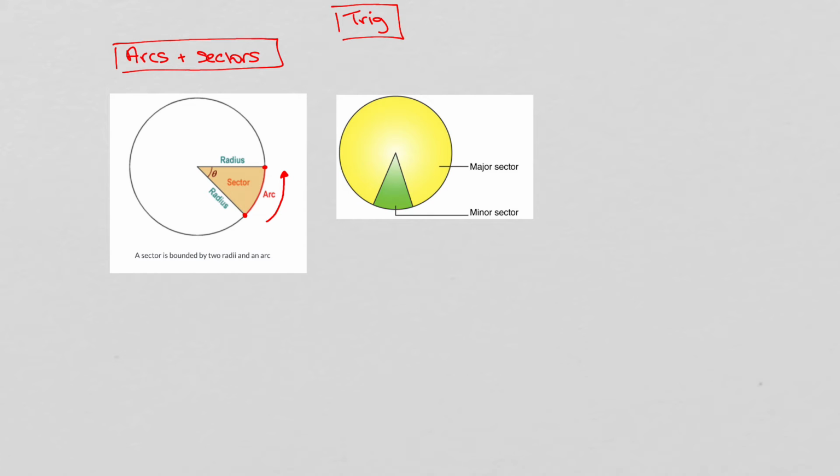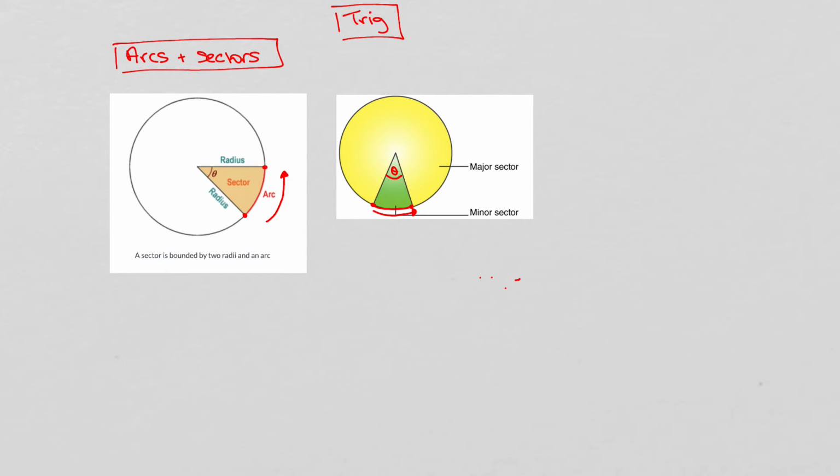So often we can be asked in questions to find the area of the major sector versus the minor sector. So if we're looking at the arc traced out, so again, if I look at the green bit, if I put a dot on the green bit and I move a certain angle around the circle, so in other words, I trace out an arc length, then the green sector is the small sector.